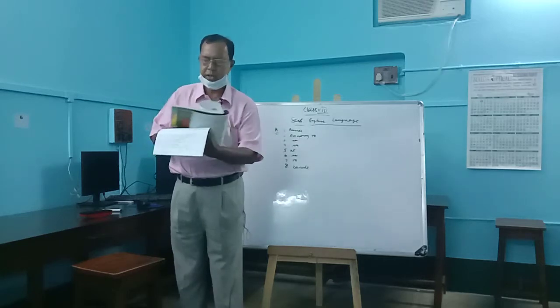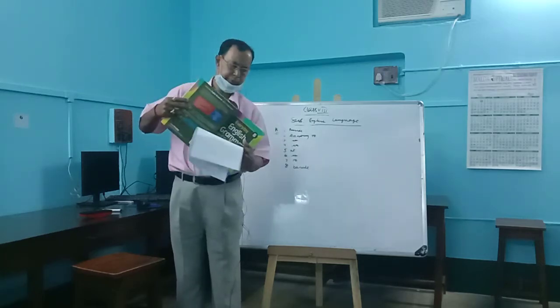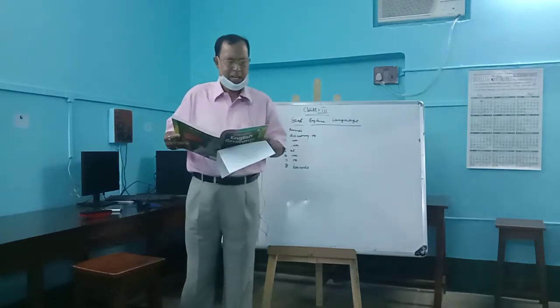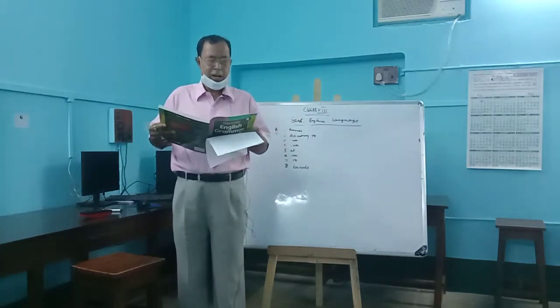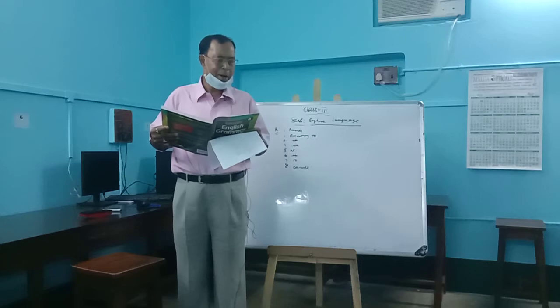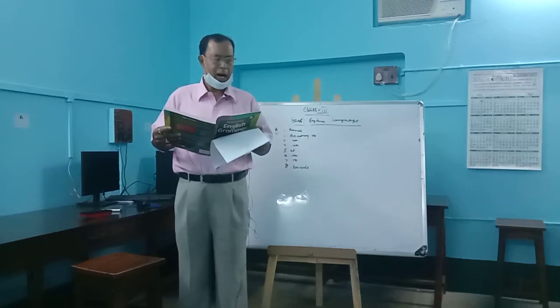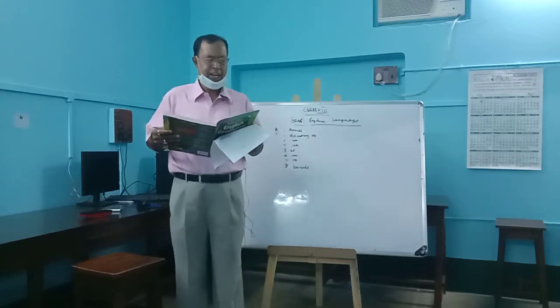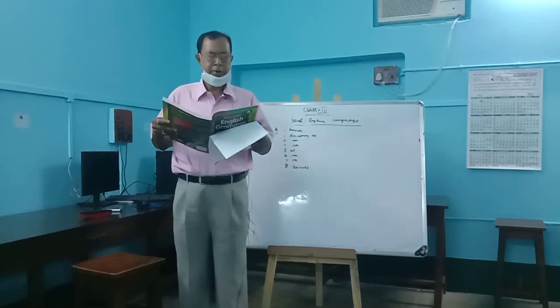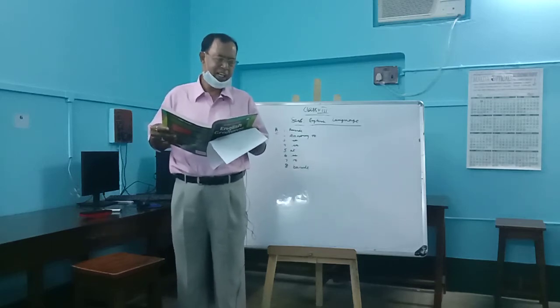Prepositions of place tell us where something is. Some prepositions of place are above, below, under, over, beside, down, near, in front of, around, etc.